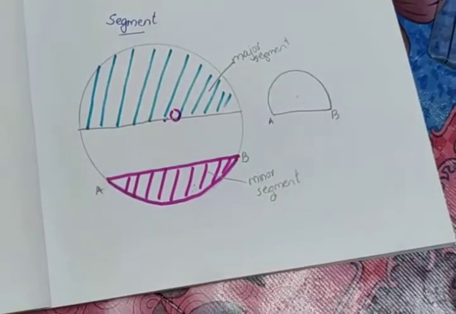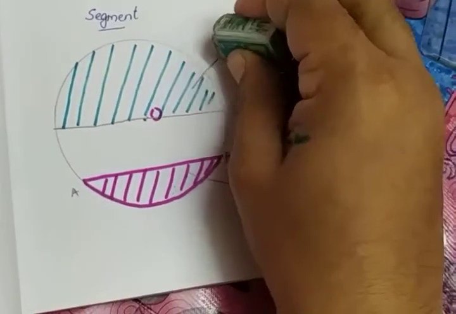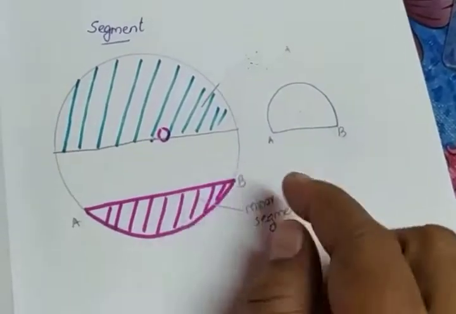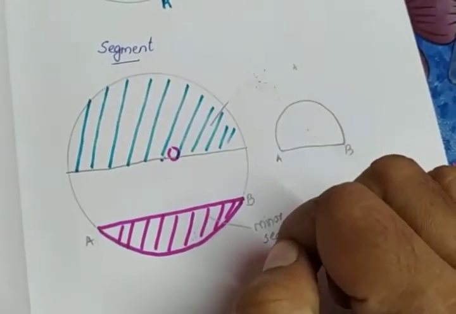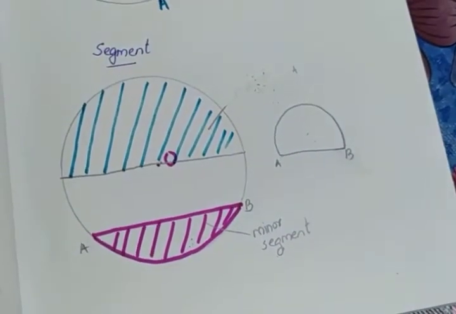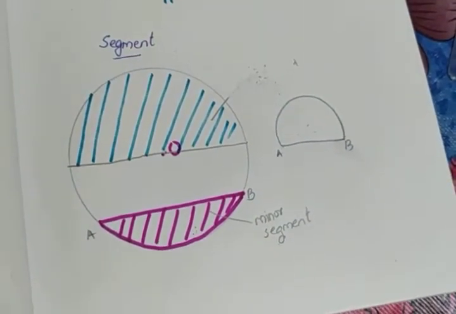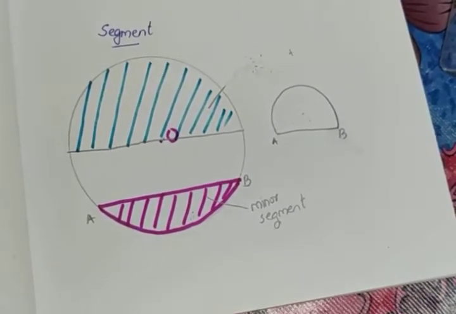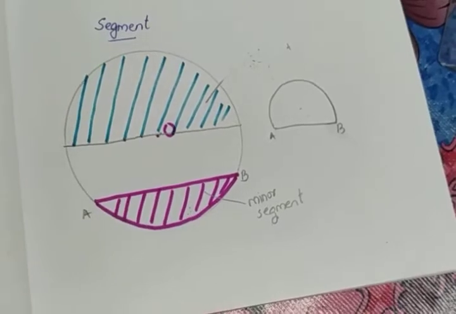Is it a minor segment or a major segment? Actually, the diameter divides the circle into two halves. So when we take the diameter itself as the chord, the circle is divided into two parts where we cannot identify the major and minor segment. Both the segments will be equal.